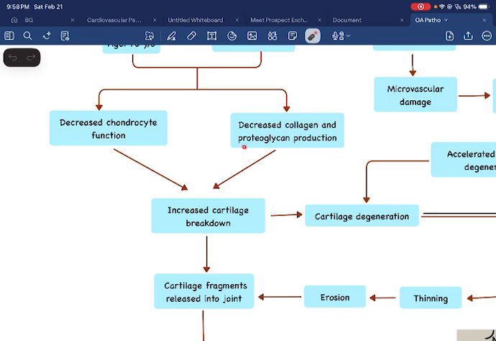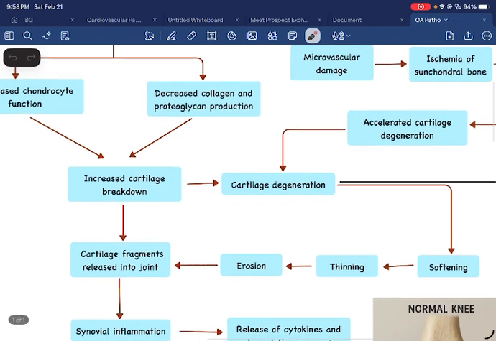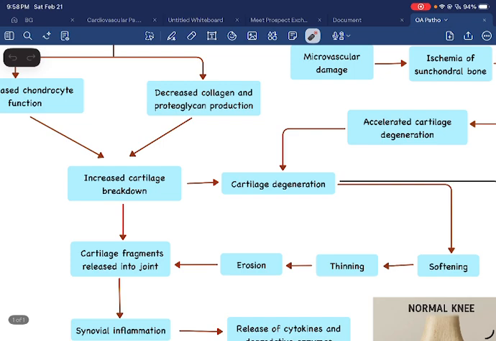If there is no proteoglycan, the cartilage will become very dry and will not be able to function well. So when there is a decrease in chondrocytes, proteoglycan and collagen, it will lead to increased cartilage breakdown. Increased cartilage breakdown is known as cartilage degeneration.